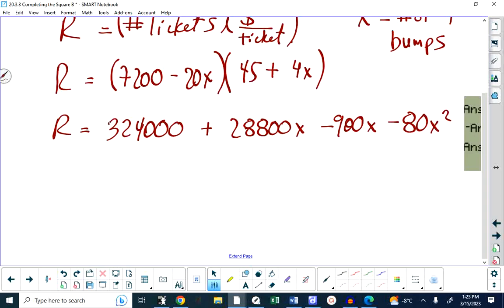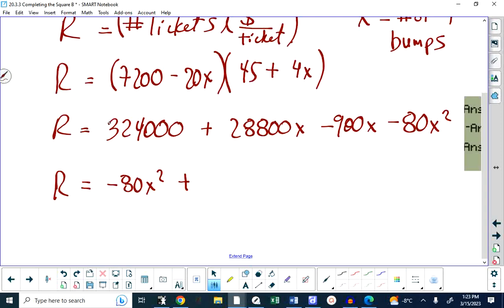Well, now we're going to clean that up and put it into a proper standard form, which is to put my quadratic term first, then put my x terms. So I need to take 28,800, and before we go on, I want to confirm it is 28,800x, and it is 900x. Okay.